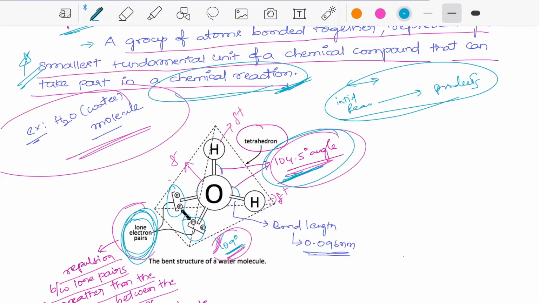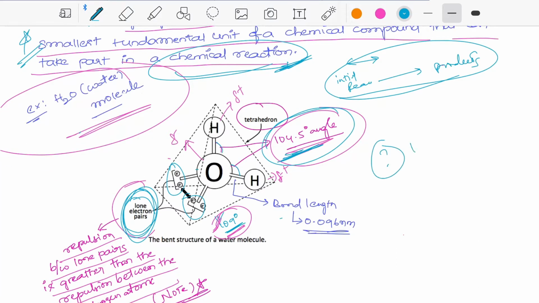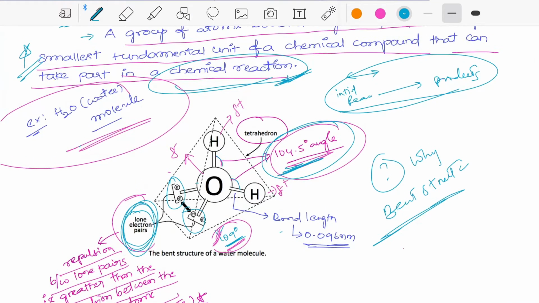Okay, one question here is why the water molecule is a bent structure. The answer is due to the polarity. Here the O is negatively charged and H is positively charged, which means polarity.